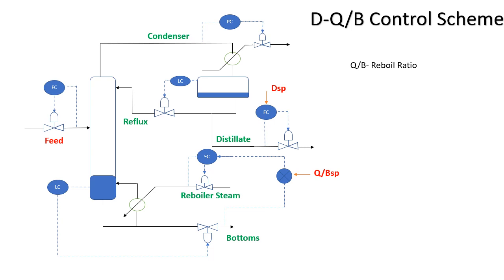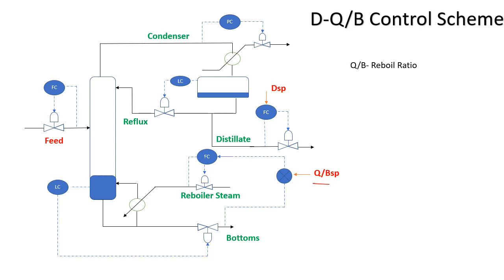Again, on the contrary, we can have D and Q by B control, where Q by B is the reboil rate or reboil ratio. So we can control it with the reboil ratio, right?